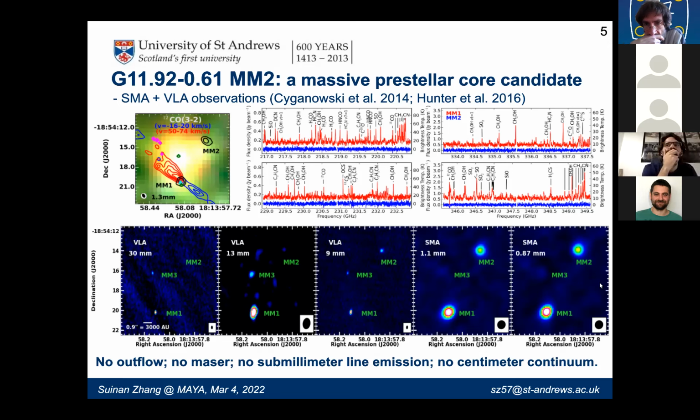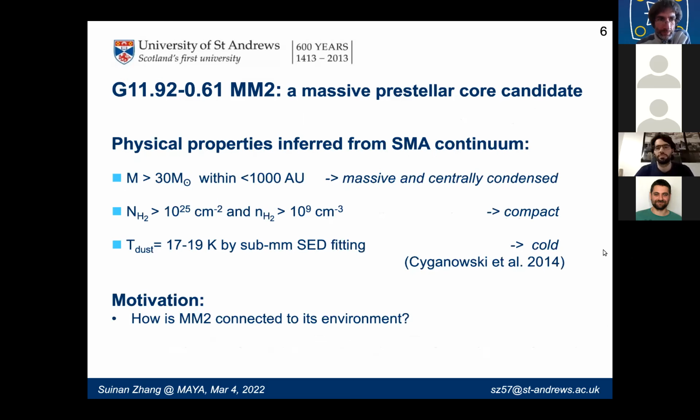To summarize briefly, no outflow, no maser, and no sub-millimeter line emission are detected at MM2, and there's no centimeter continuum detected around MM2, which means there's no ionized gas there. Moreover, the physical properties inferred from the SMA continuum are very extreme.